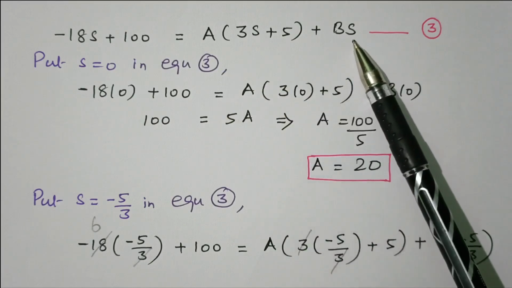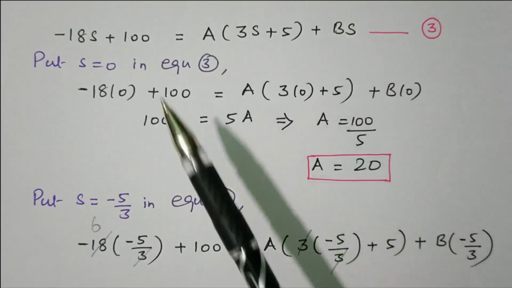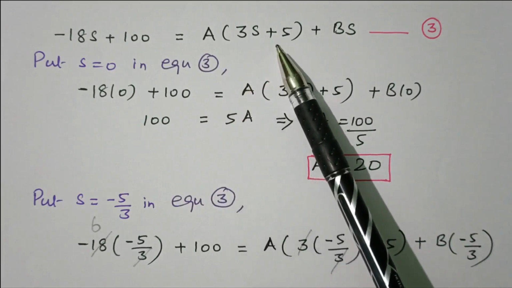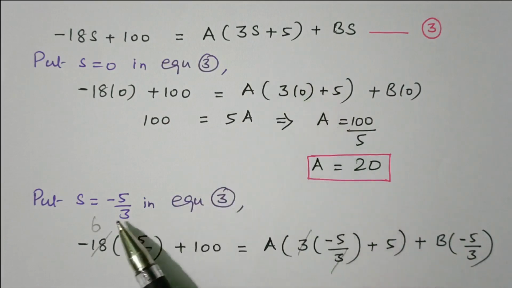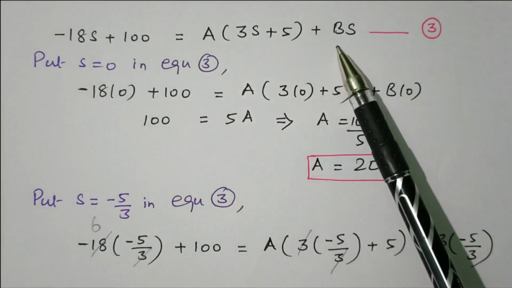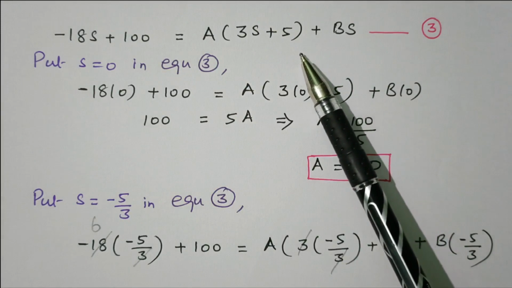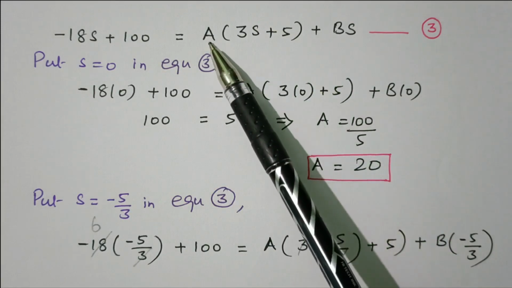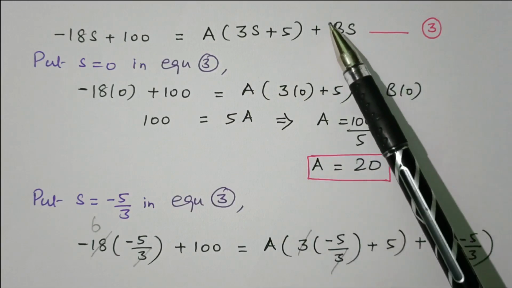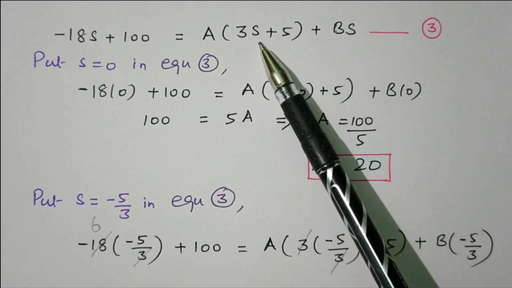If you put s equal to 0, the B term becomes 0, so that we can find A. Similarly, if 3s plus 5 equal to 0, so s equal to minus 5 by 3, by substituting s equal to minus 5 by 3, the A term becomes 0, so that we can find B. So we need to see what value to substitute so that first A gets cancelled or B gets cancelled. So s equal to 0 means the B term gets cancelled. S equal to minus 5 by 3 means the A term gets cancelled.